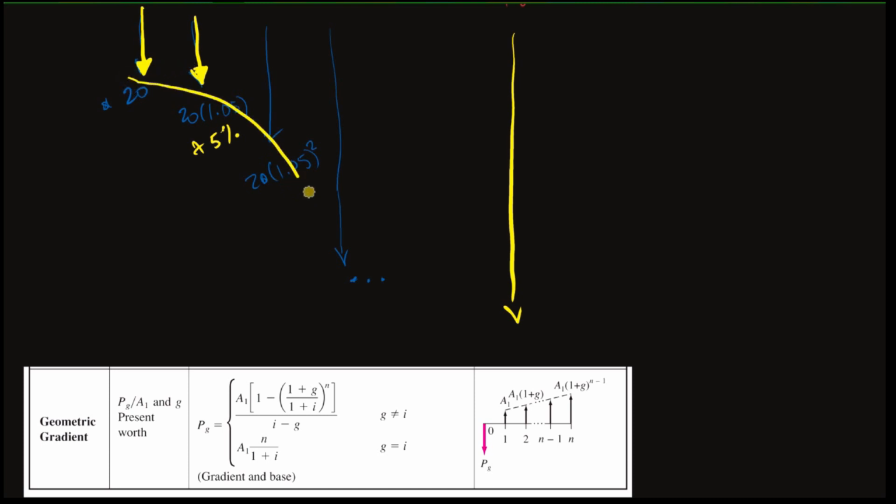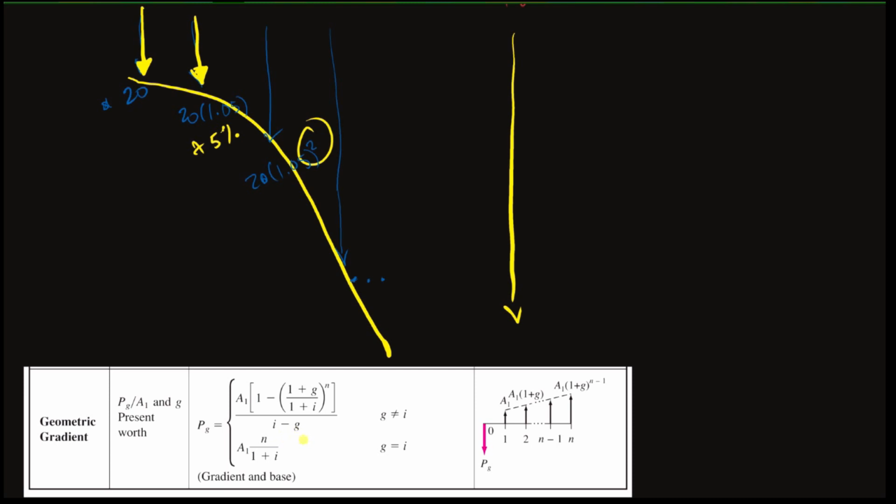Before, with arithmetic, you can solve for present worth or annual, but now with geometric, so exponential growth, we can only solve for the present worth. And we have two different rates. We have g, which is the gradient rate, the increase in the gradient, and then we have i, which is the interest rate. And so we have interest growth on top of geometric or gradient growth.